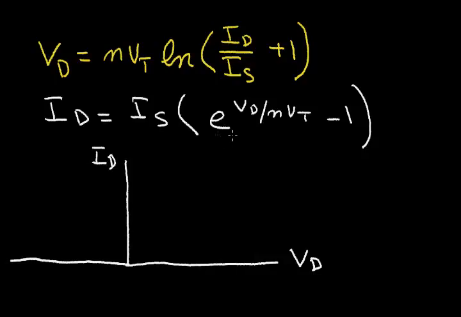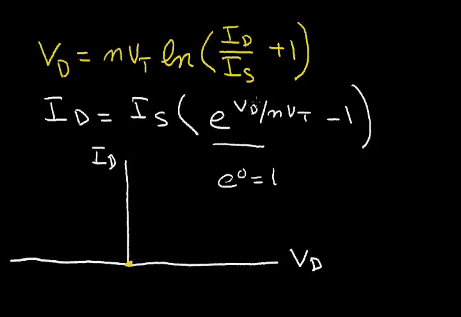So if we look at this e term here, if V sub D is equal to 0, e raised to the 0 power is equal to 1. And if we have 1 minus 1, we get 0 times I sub S, which is 0. So at this point, the current is equal to 0.